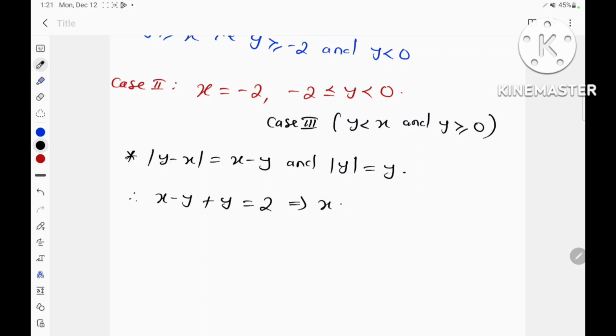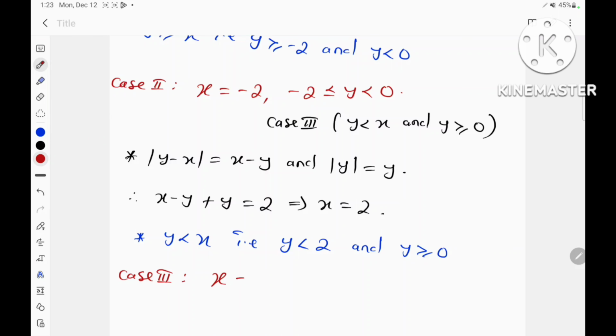And this implies that x is equal to 2. But we know that y is less than x. That is, y is less than 2, and that y is greater than or equal to 0. And therefore, case 3 leads to the line x equal to 2, and this holds for 0 less than or equal to y, which is strictly less than 2.